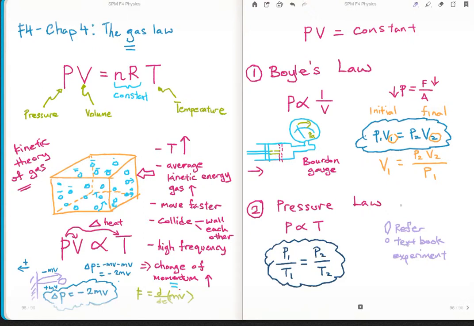You have a bulb of air, and you heat it up in water so that the water maintains even heating. There is also a Bourdon gauge to measure pressure.